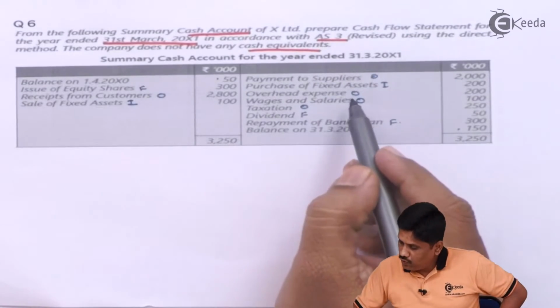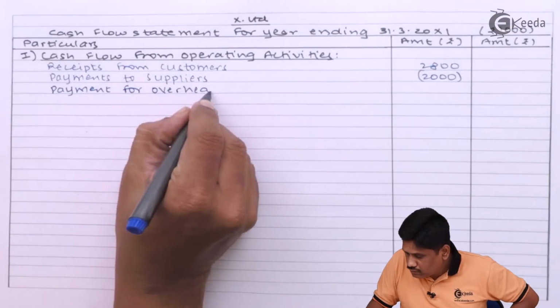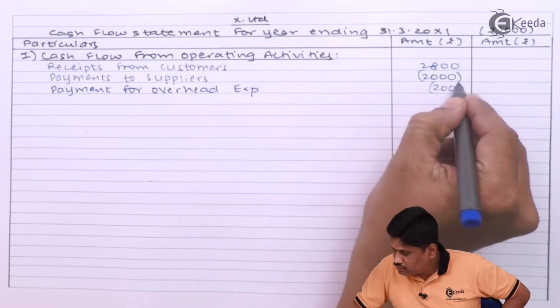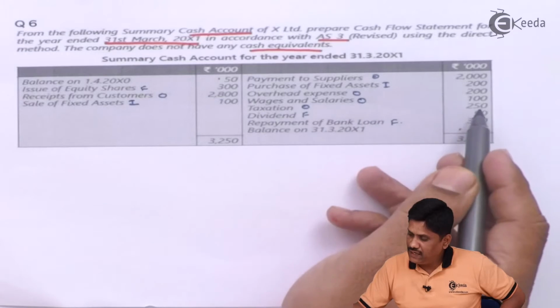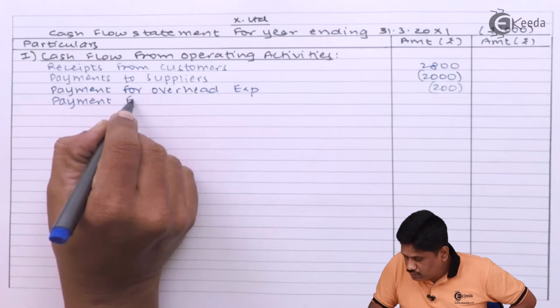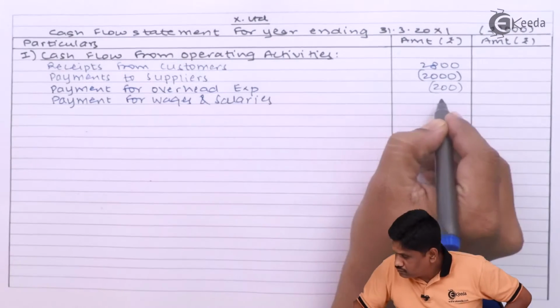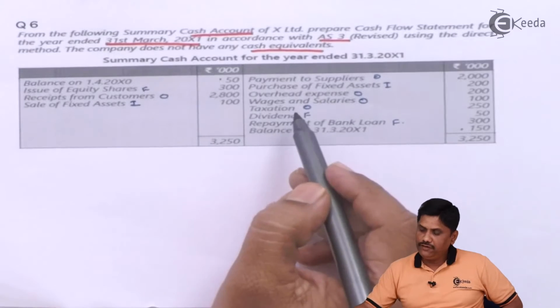Next is overhead expenses. Payment towards wages and salaries 100. And after that they gave you tax paid.